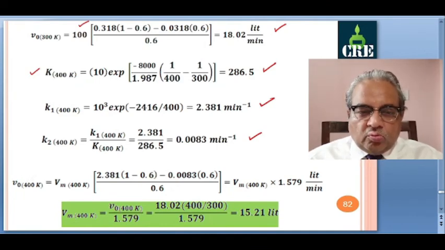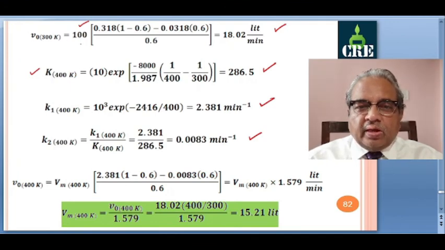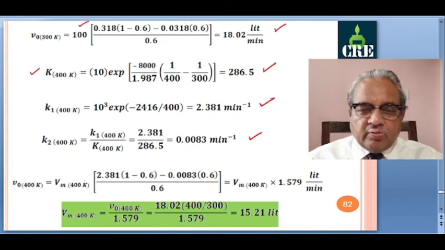So volumetric rate at 400, as we have found it for 300, this will be relationship between this volumetric rate and these new values which will be calculated at 400 Kelvin.